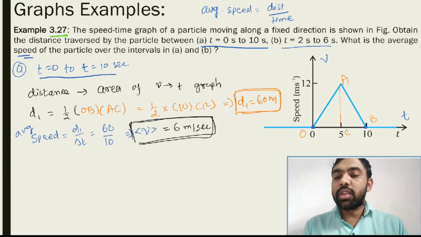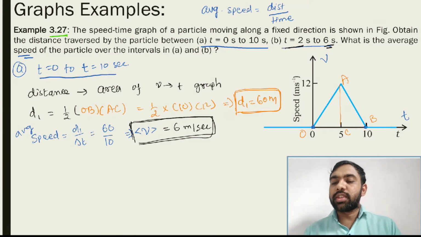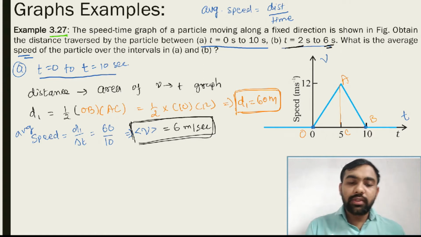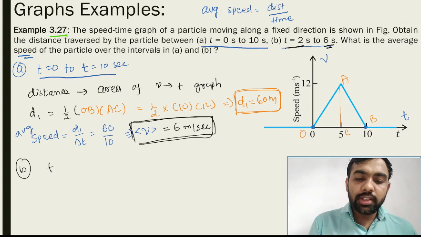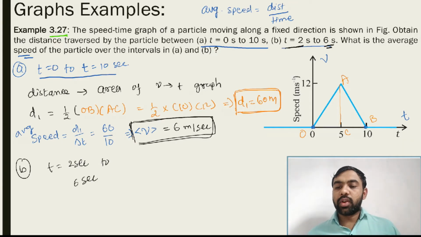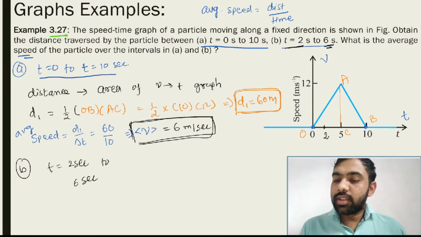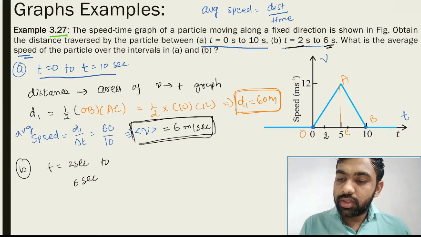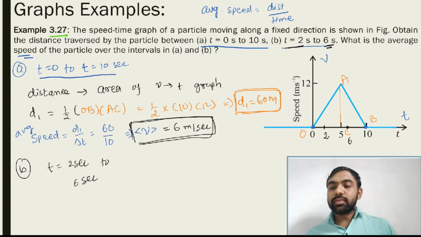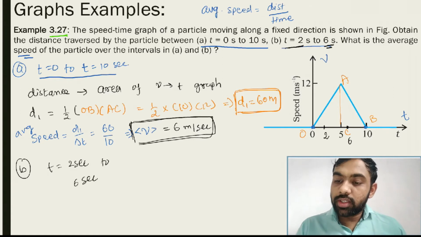Now find the same thing for t = 2 seconds to 6 seconds. So where is 2 seconds? 2 seconds is somewhere here, and 6 seconds is somewhere here.